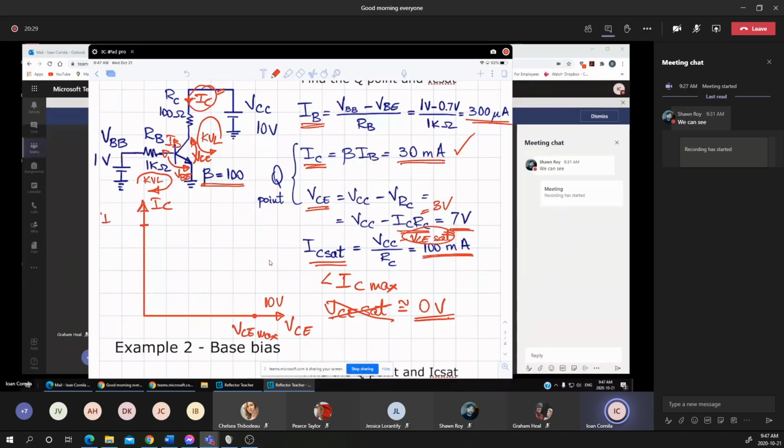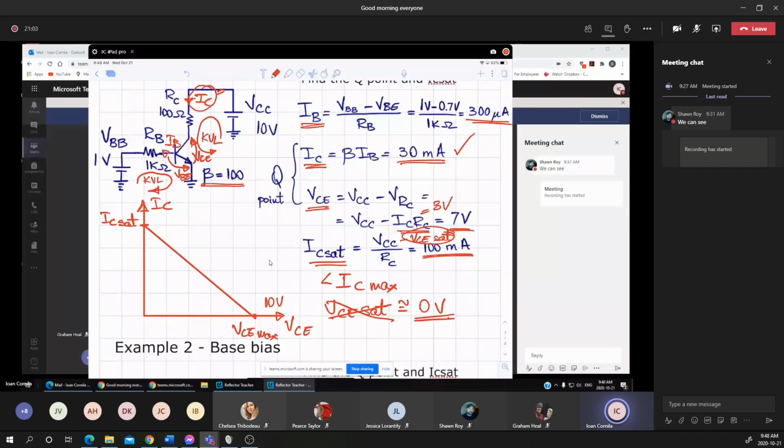I'll define the IC saturation as the VCC over RC, and I mentioned that it has to be less than the maximum current. Now, suppose that I'm drawing the line between the 2 points. That's the load line of the circuit, having the transistor in it.